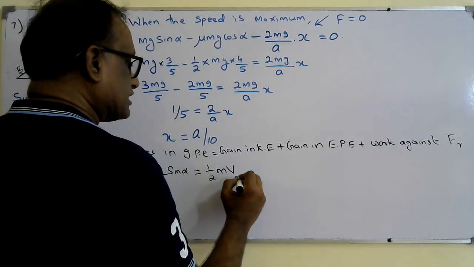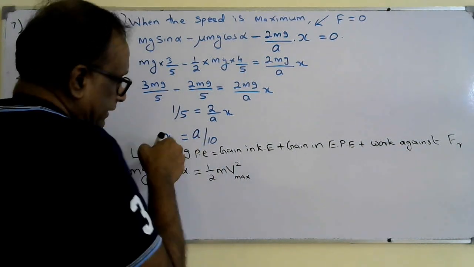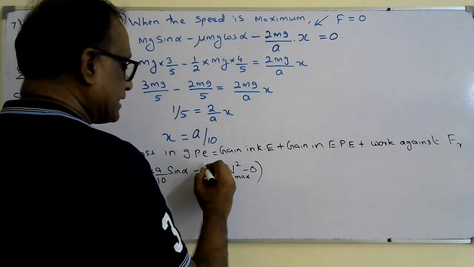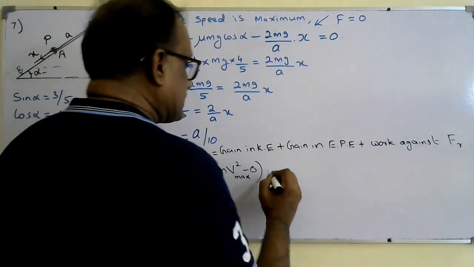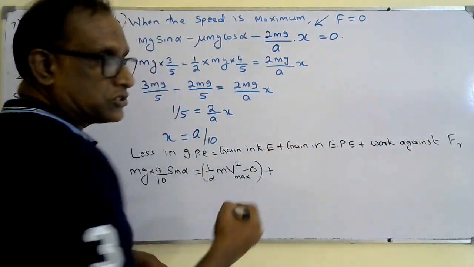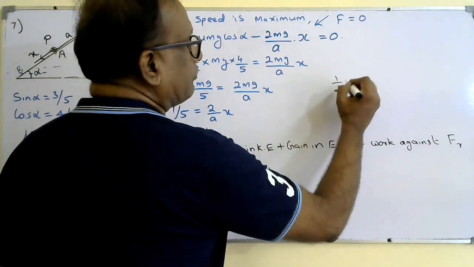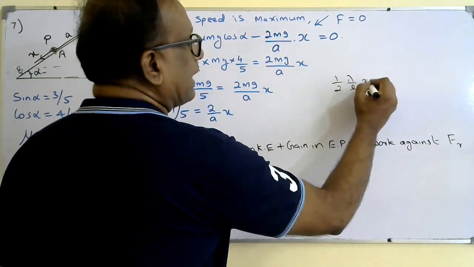It is equal to gain in kinetic energy, half m v max squared. We are finding the speed maximum. We know at this point the speed becomes maximum, v max squared minus 0, initially it was at rest. Gain in elastic potential energy: initially there is no extension, no elastic potential. The elastic potential is given by half lambda over L x squared.